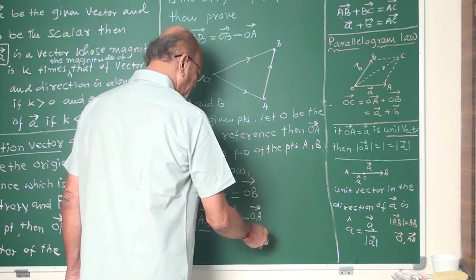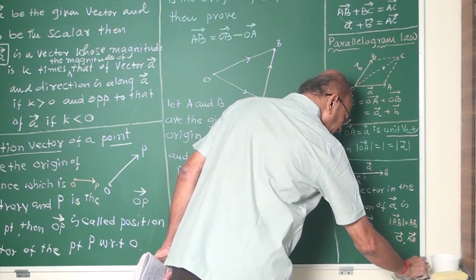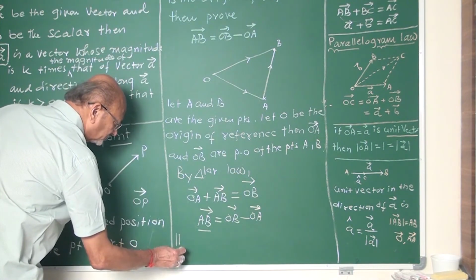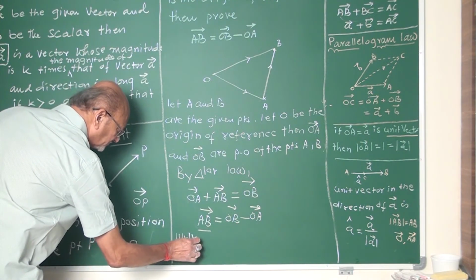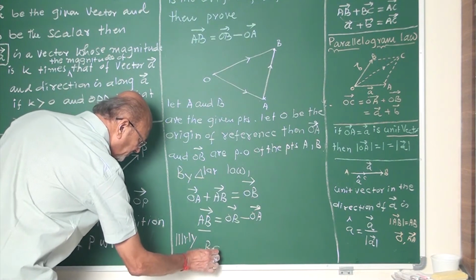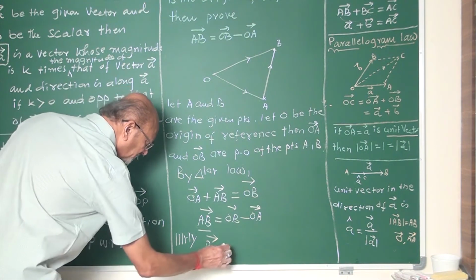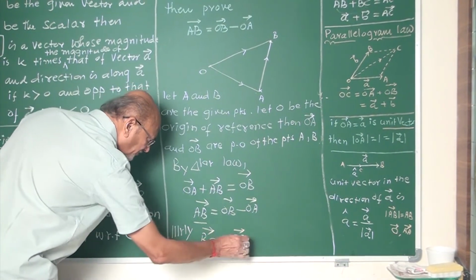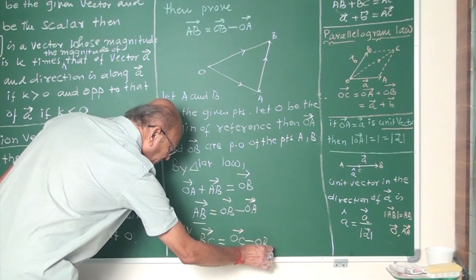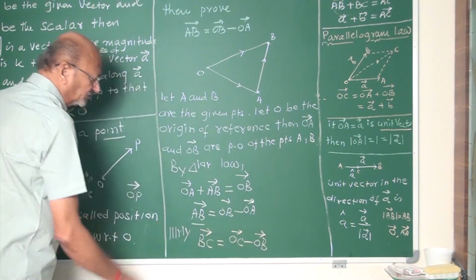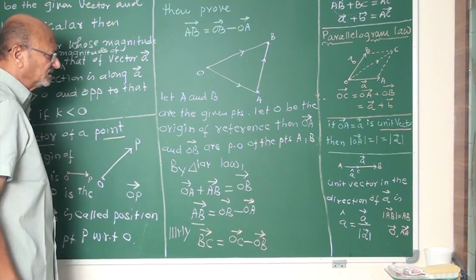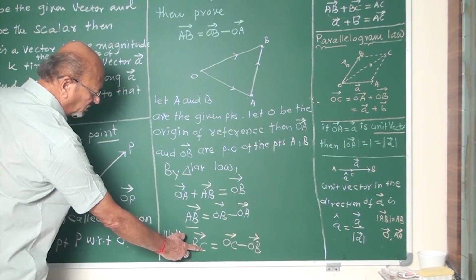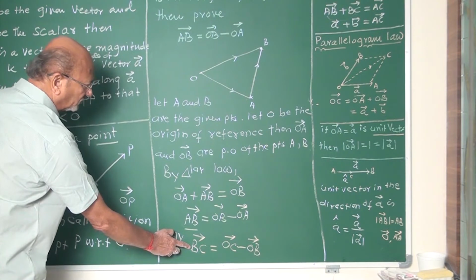Similarly, vector BC is the position vector of the second point C minus the position vector of the first point B. Like that you can express any vector: position vector of the second point minus position vector of the first point.